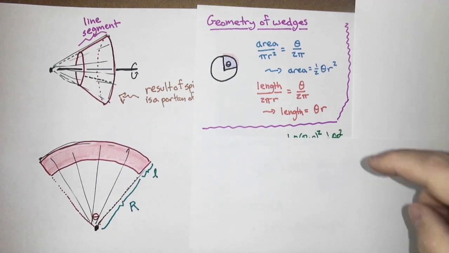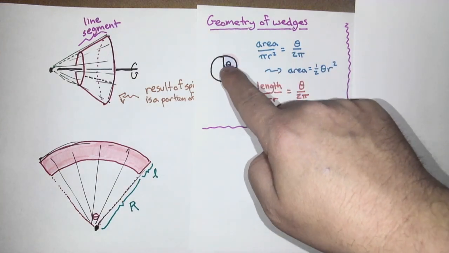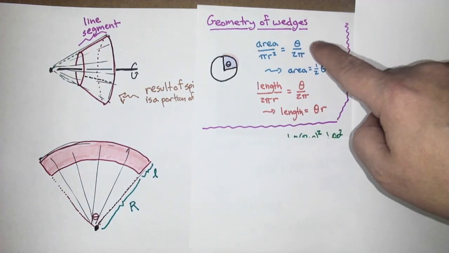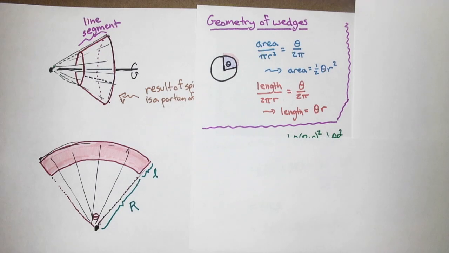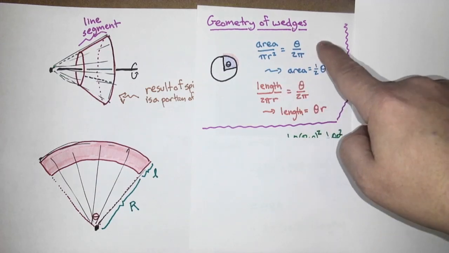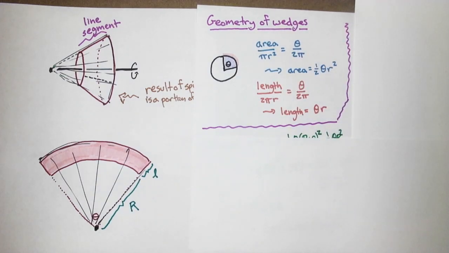That's got to match up with the proportion of the central angle. Well, how much does that take up? Theta, and a full revolution would be 2 pi. So theta divided by 2 pi. Multiply across by pi r squared, and we see that the area is 1/2 times our central angle theta times r squared. So I can measure the area of a whole wedge if I know the central angle and the radius involved.